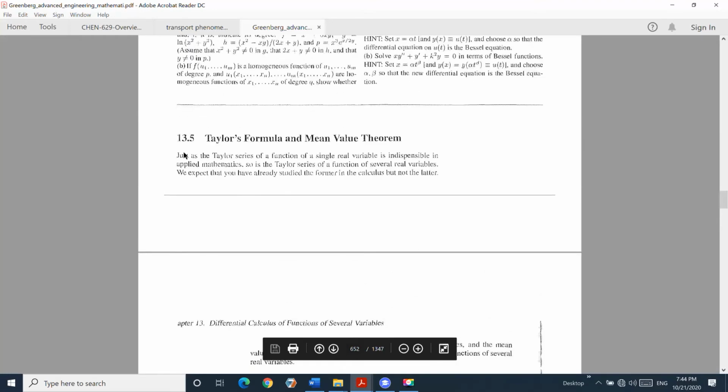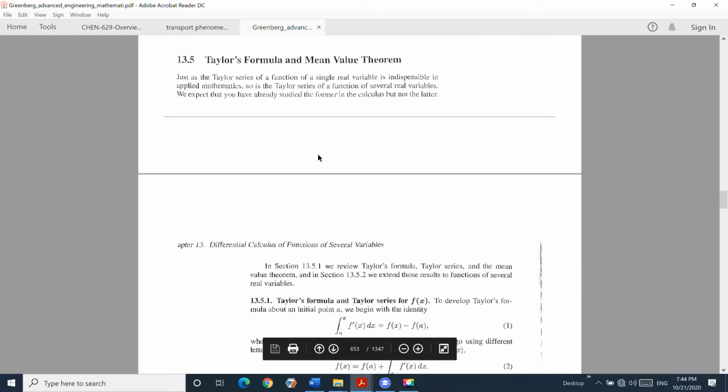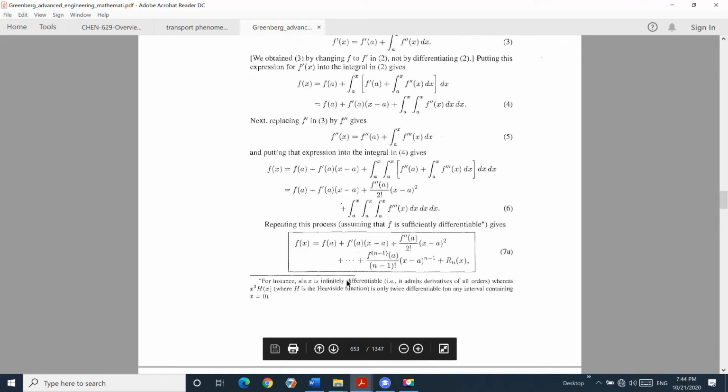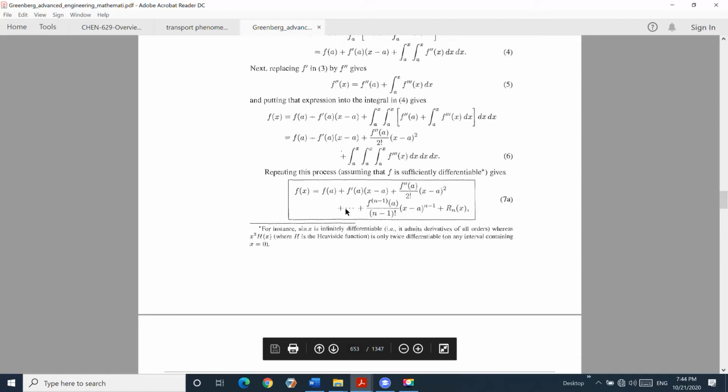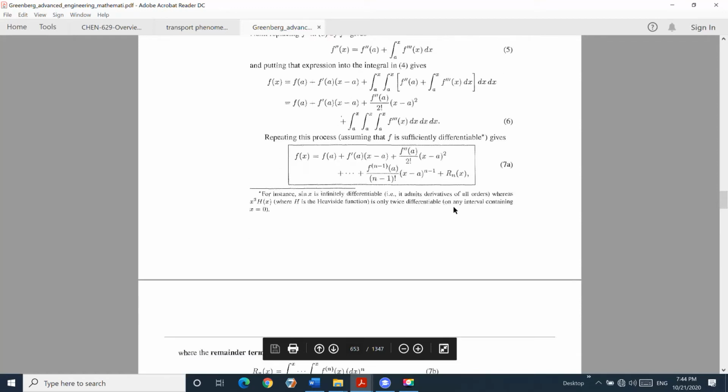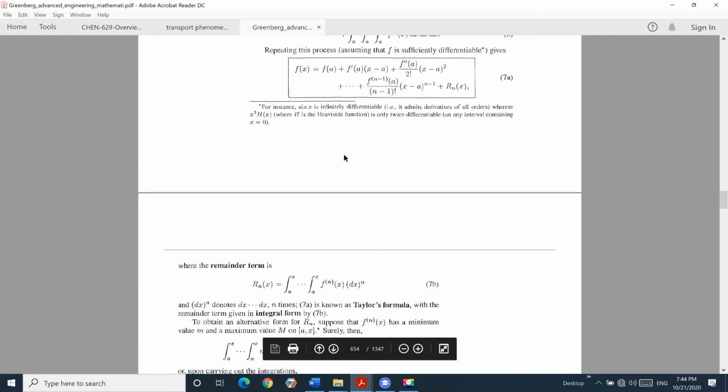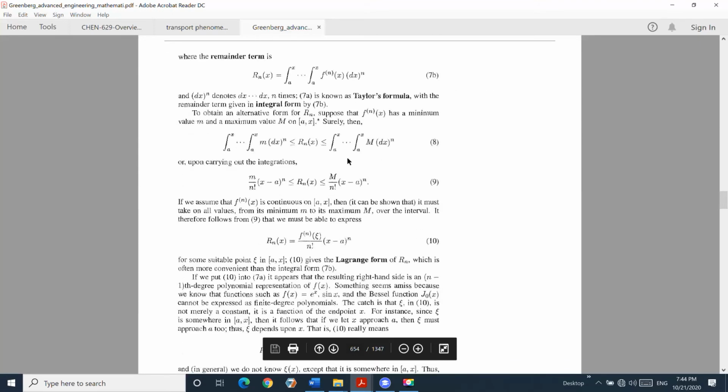Section 13.5 covers Taylor's formula and the mean value problem. Here we can represent Taylor's formula, and this is the remainder, like this.